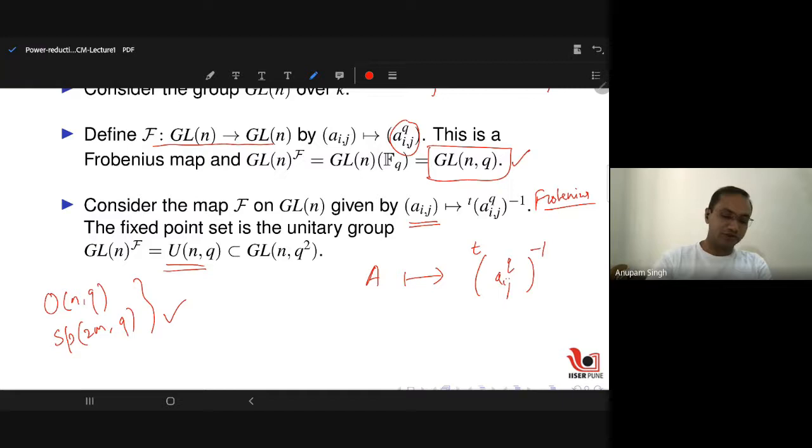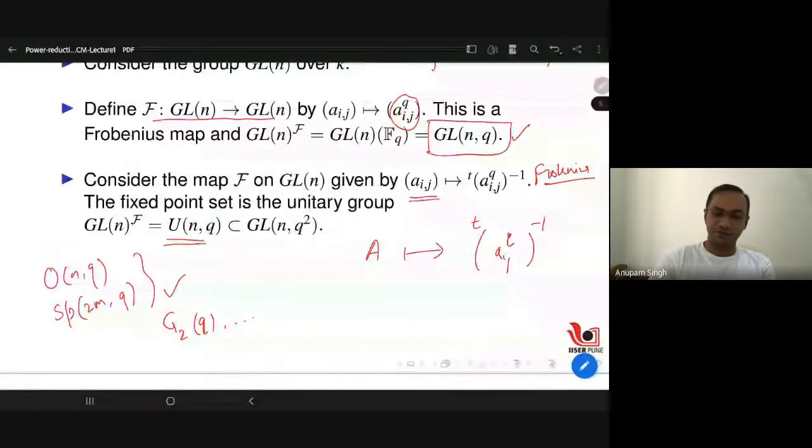This kind of groups you can also get, and there are other groups like the exceptional group G_2(F_q), and things like that. Certainly, corresponding to each simple algebraic group, you have this kind of groups. So all these groups, which are finite groups of Lie type, you can obtain over a finite field using this kind of recipe.